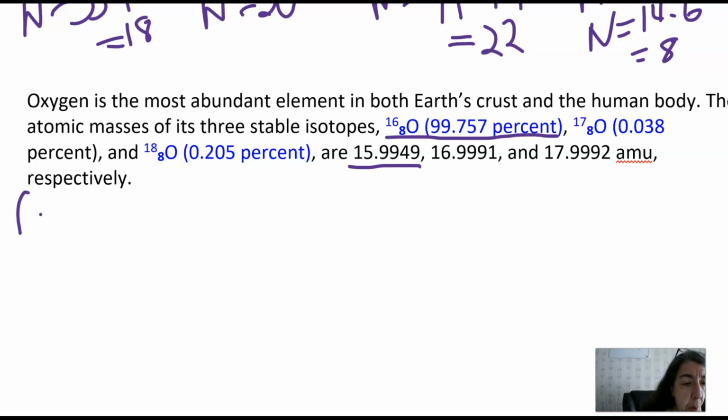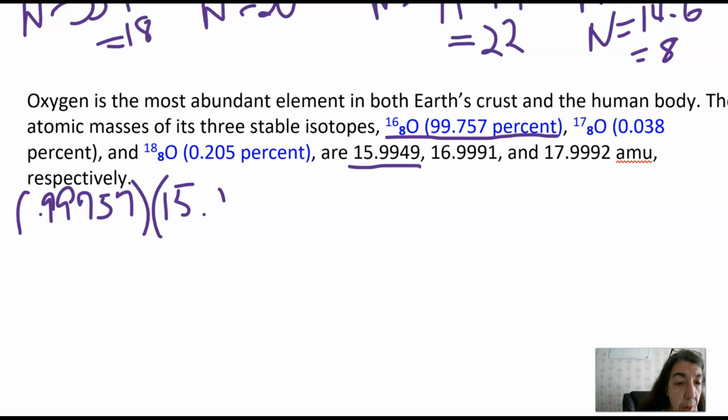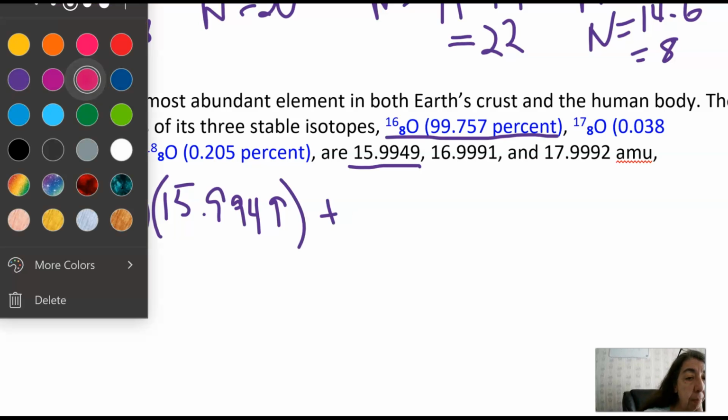So this is going to be 0.99757. So that's the percentage. So you move the decimal over twice, so it's 0.99 times 15.9949, plus, we'll go to another color pen for the next one.